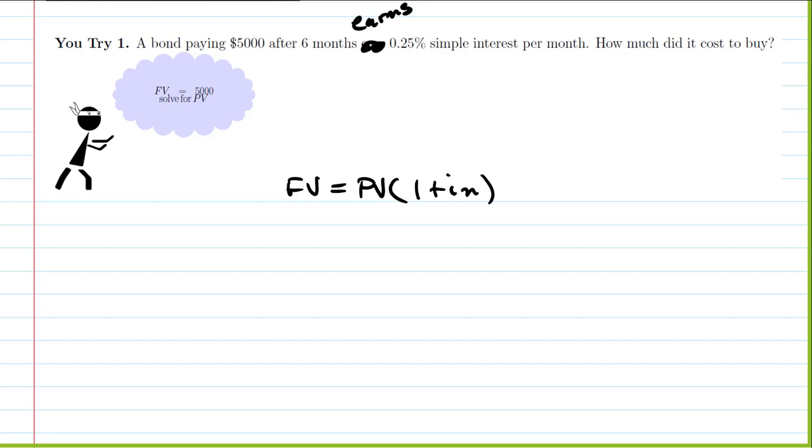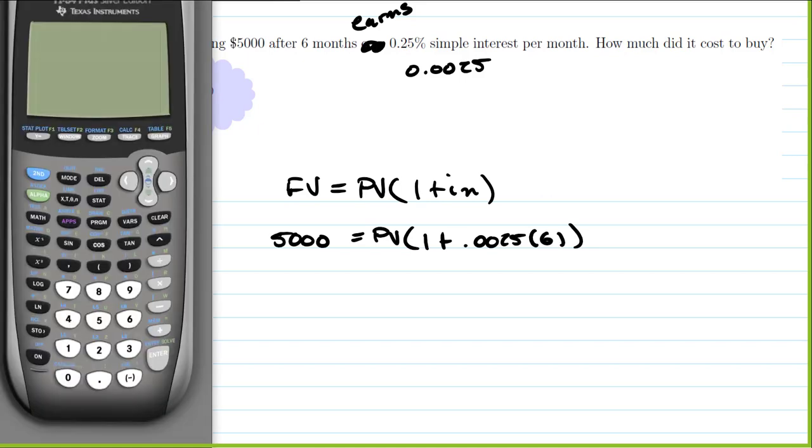Our interest rate per month is 0.25%, and our number of months, or periods, is 6. So we convert our percent into a decimal, which is 0.0025. And we want to know when the future value is 5,000. So that gives us our present value times 1 plus 0.0025 times 6. Feed that to our calculator.